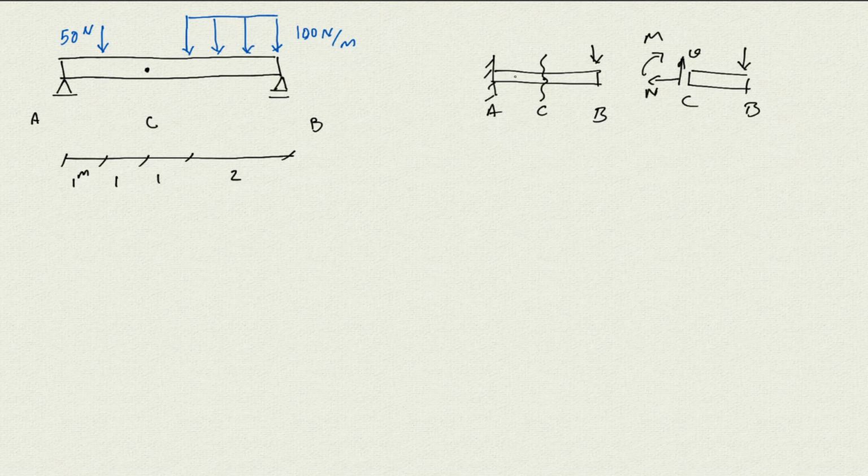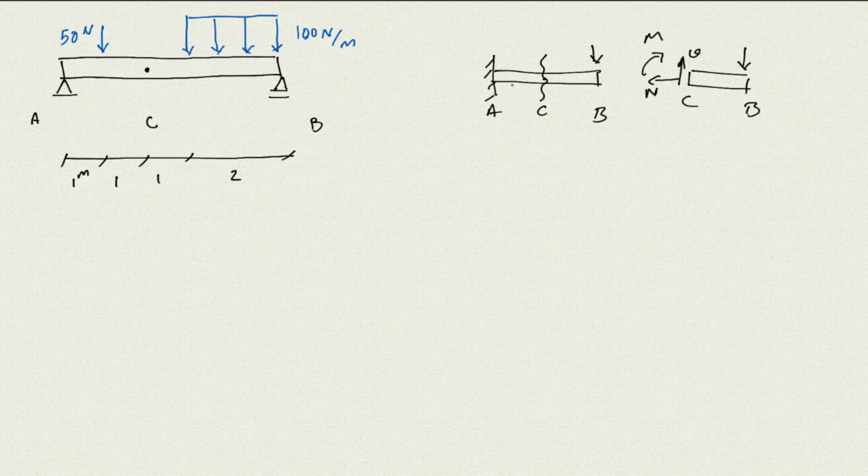Here it's possible to do that, here it's not. So first check if you can do the analysis without calculating the reaction. It saves you some time. It's not going to hurt you to find the reaction. You may not need it, but you can do it without those reactions.